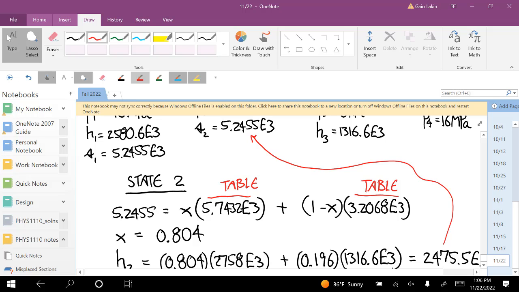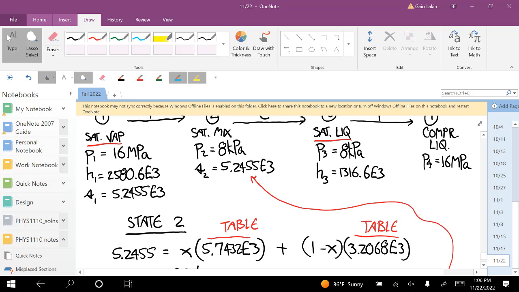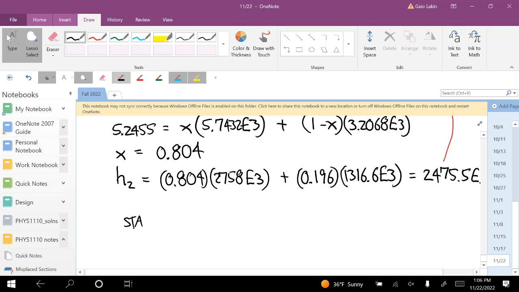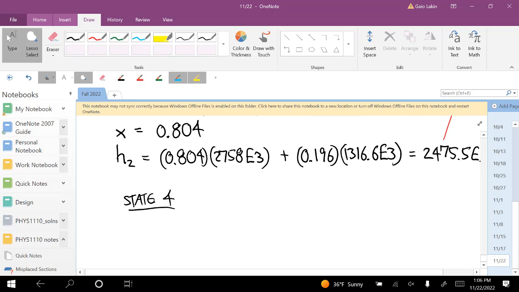And now the only thing that we don't know is the specific enthalpy at state 4. We're going to use, so state 4, H4 minus H3 is specific volume at state 3 times the quantity P4 minus P3.